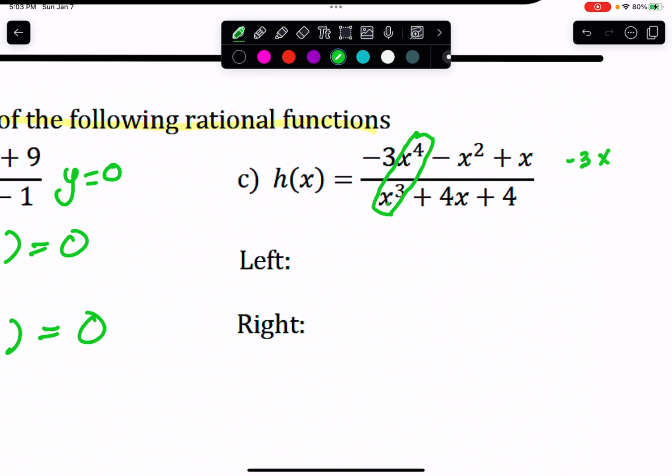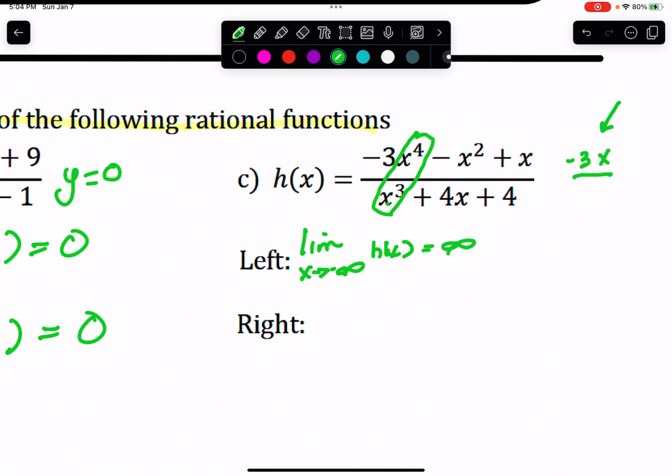Now, if I put a negative x in, so I'm getting negative 100, negative 500, negative 600, it's going to be positive because of that negative 3. So the limit as x goes to negative infinity, as I put larger and larger negative numbers in, of h of x is positive infinity.